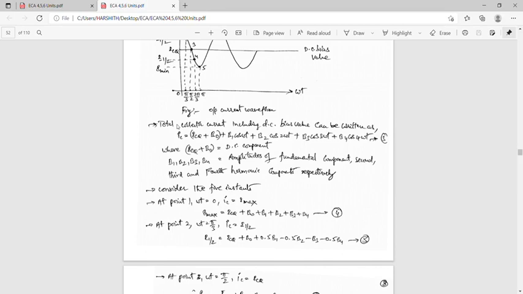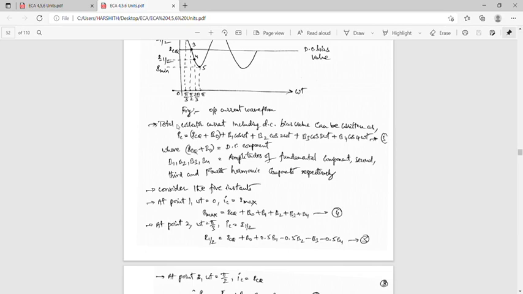B1, B2, B3 and B4 are the fundamental, second, third and fourth harmonic components respectively. At point 1, omega t equals 0, so IC equals I maximum, and all terms are added: I maximum equals ICQ plus B0 plus B1 plus B2 plus B3 plus B4.